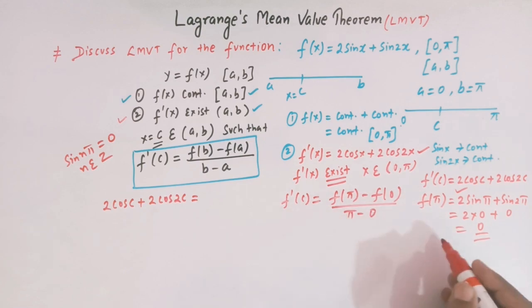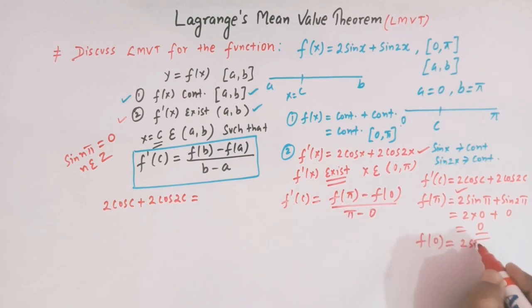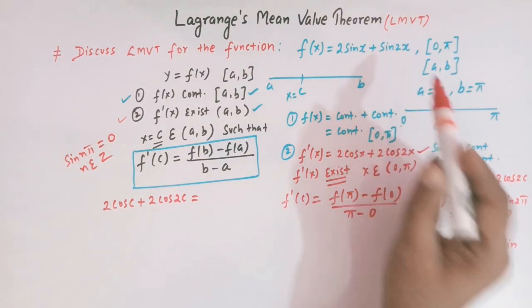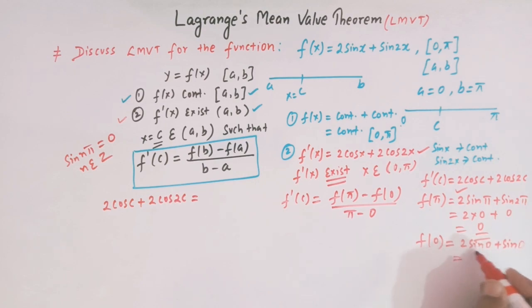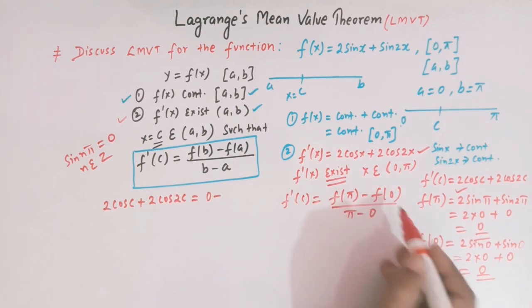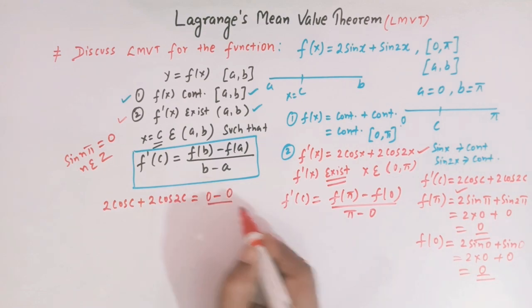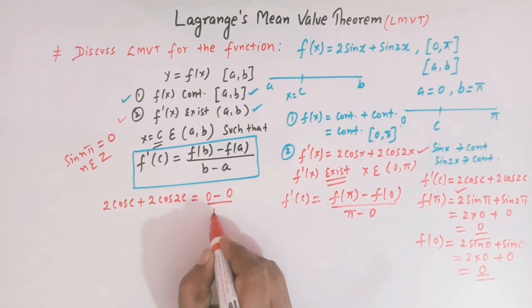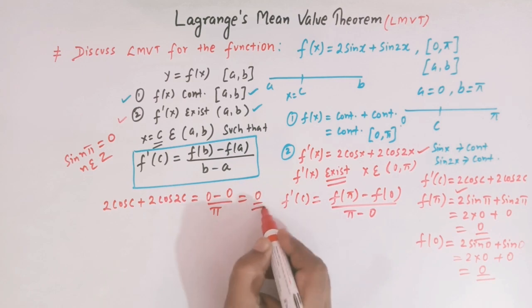Similarly, f of 0 is 2 sine 0 plus sine of 2 times 0, that is 2 times 0 plus 0, which is 0. So now f of pi is 0 minus f of 0 which is also 0, divided by pi minus 0, which is pi, so this is simply 0.